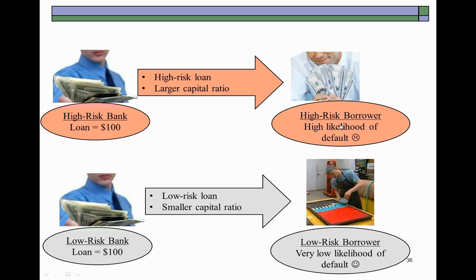This top borrower right here, there's a high likelihood of default, and so we're going to base 8% on 100% of this loan amount. On the other hand, we could, based on the fact that this guy is low risk, base the 8% that the owners of this bank would have to invest on only 50% of this loan amount of 100.